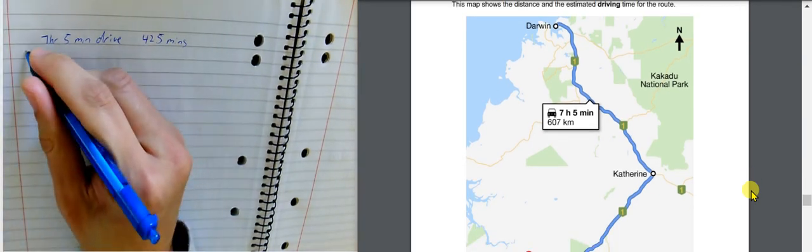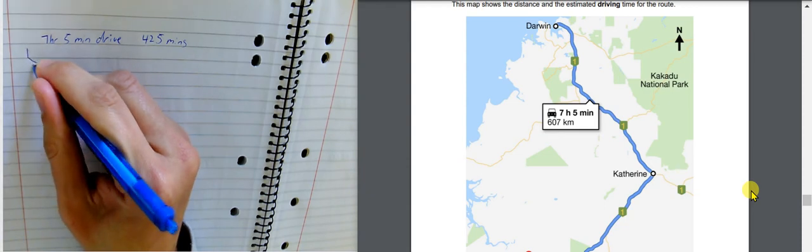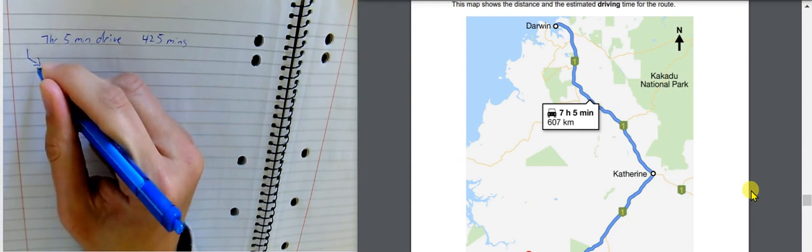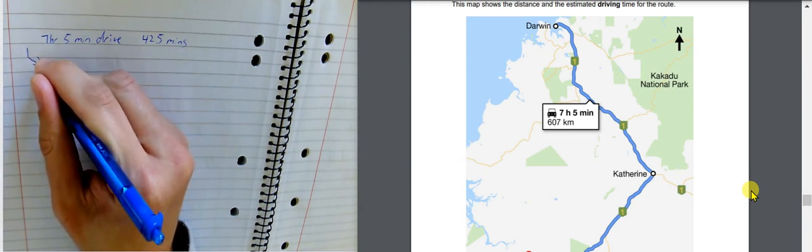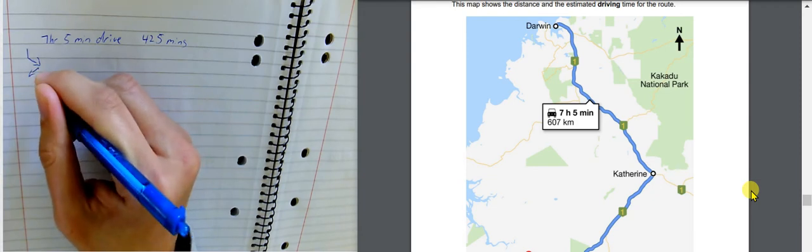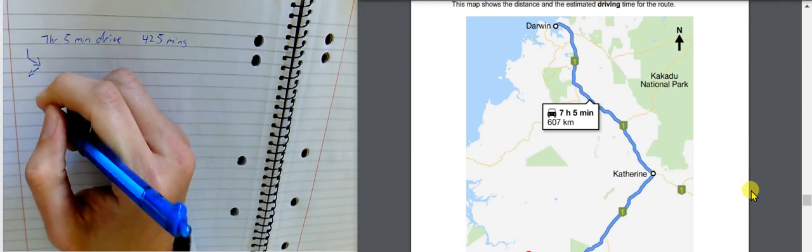Which set of directions best describes the route? So we are going from Darwin to Timber Creek School, and that means that we are going down and then to the right, right off screen, which is actually going to be our left if you're in the car, and then you're going to the left of screen down towards Timber Creek.